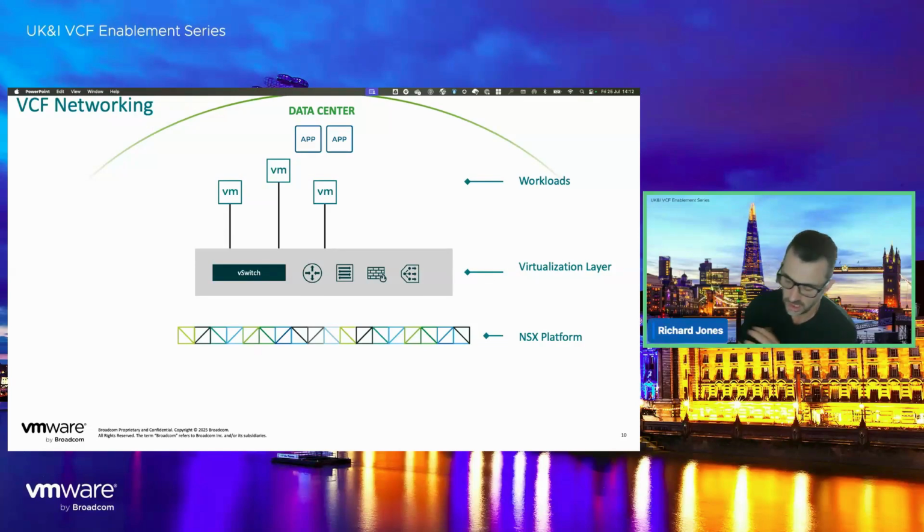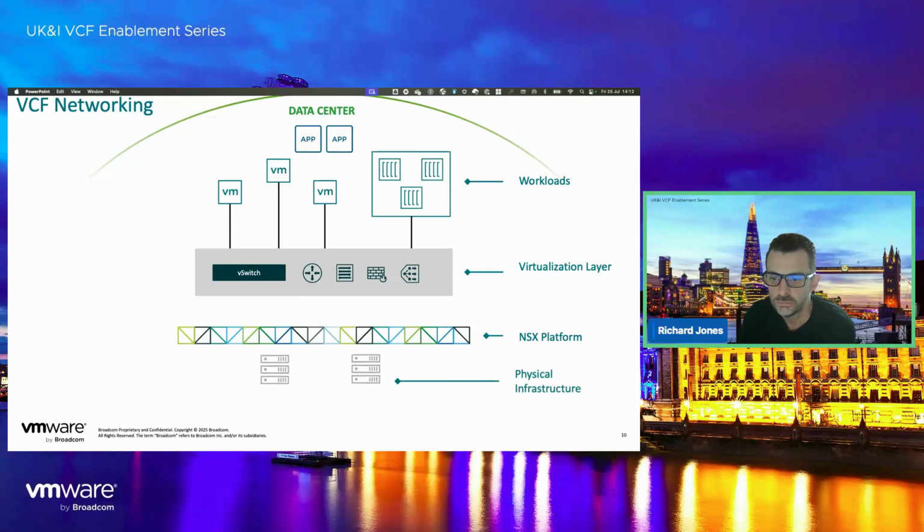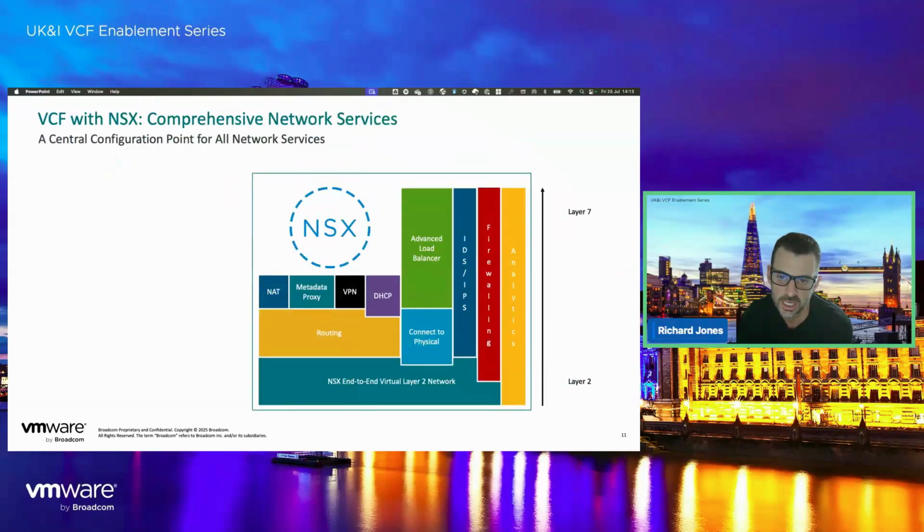The NSX Advanced Load Balancer has now been rebranded back to AVI. And then ultimately providing services not only to our virtual machines, but also to our containers, right? So we can make containers first-class citizens of the environment, and they can consume those networking resources as well as the virtual machines can.